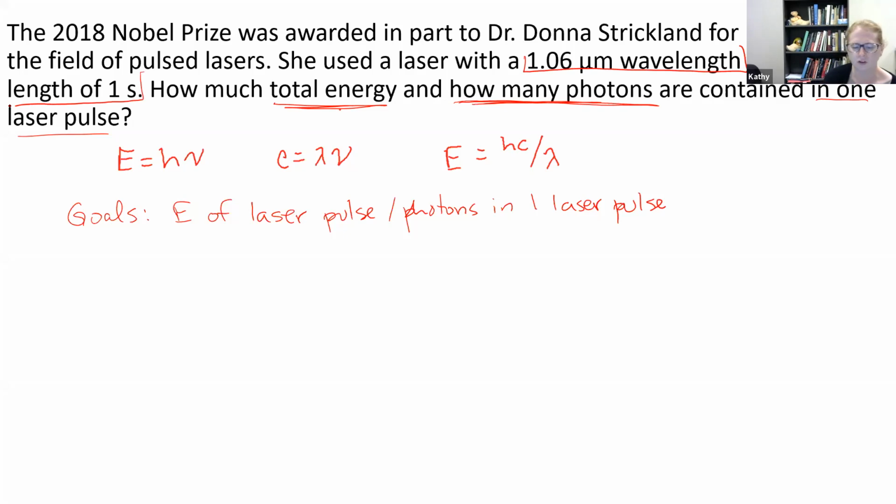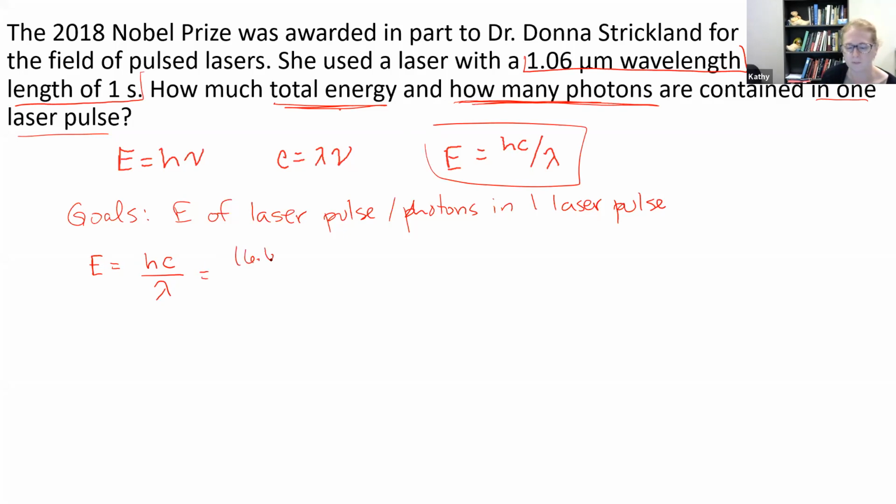Let's think about energy first, because that 1.06 microns can get us to a place, right? We know that energy is equal to hc over lambda, right? I'm putting my energy together with my wavelength equation.